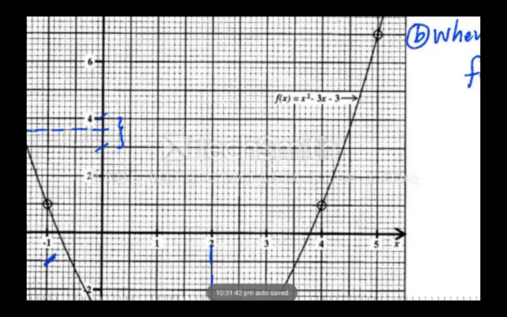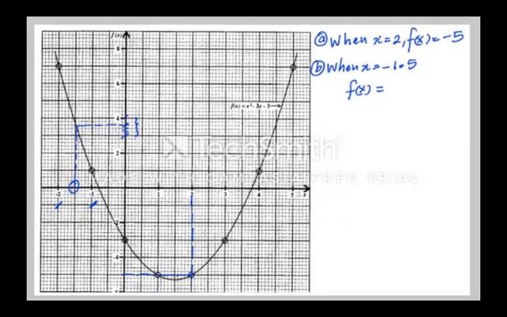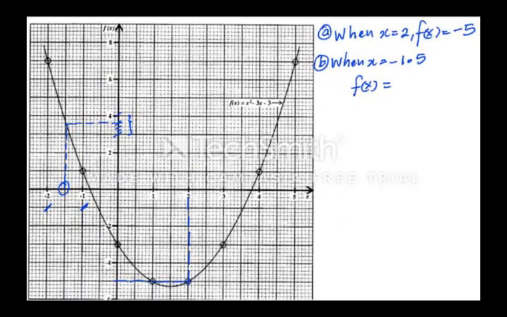So this is 3, this would be 3.2, 3.4, and this here would be 3.6. So my answer would be when x is minus 1.5, f of x or y would be 3.6.